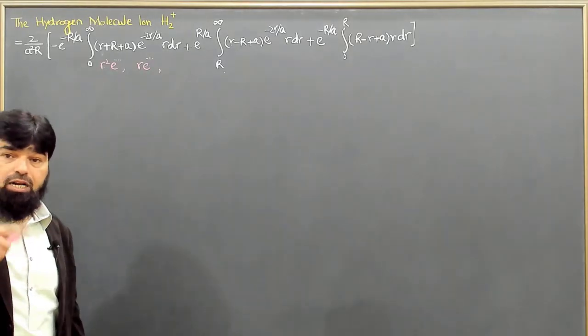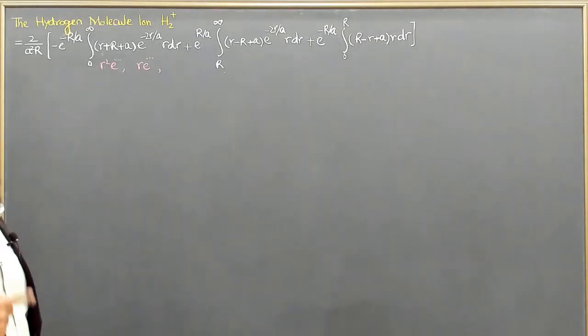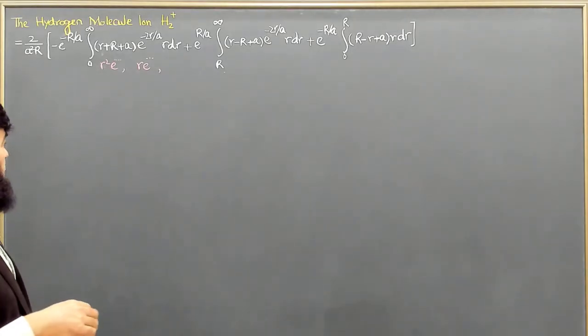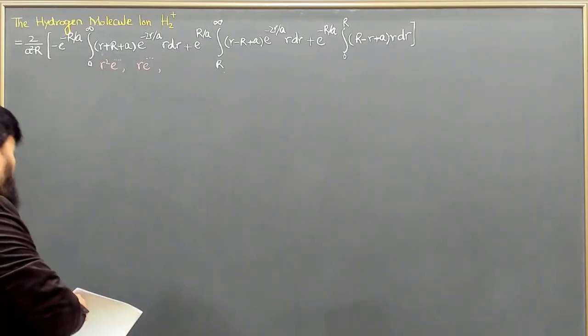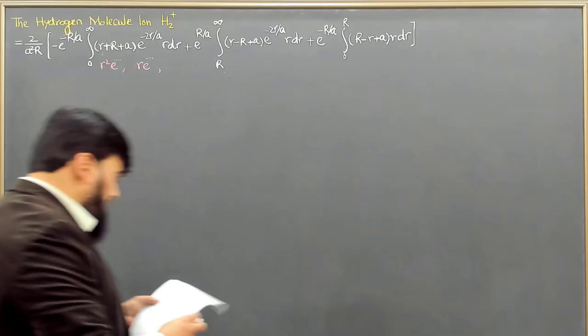Now for the r e to the power minus x, or the e to the power bx, we have written the formula, while for the r squared I will write the formula here.